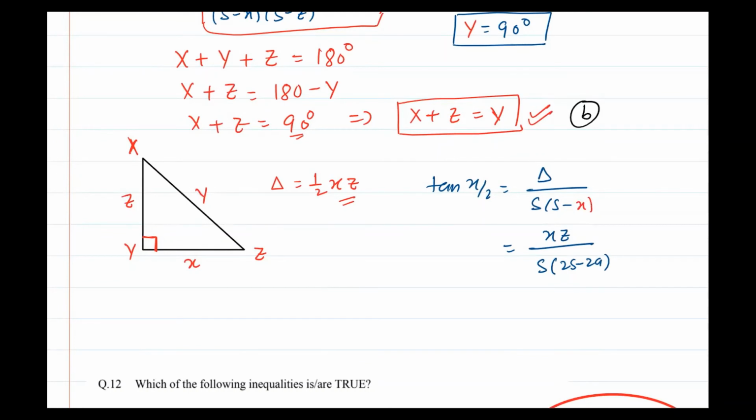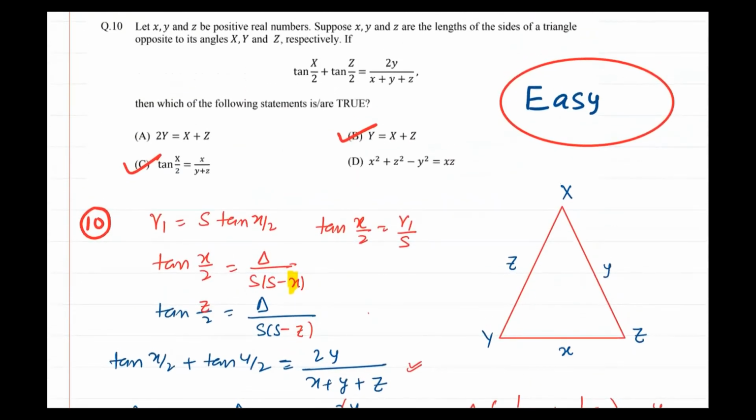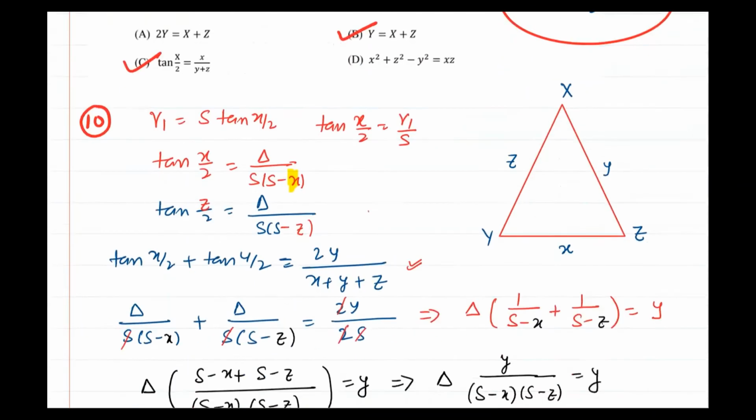So we have to substitute this value and get s minus 2x, and we know that 2s equals x plus y plus z. So put the value of s and get the answer. So here we are getting options B and C are correct.